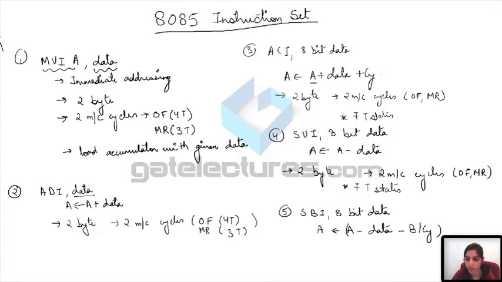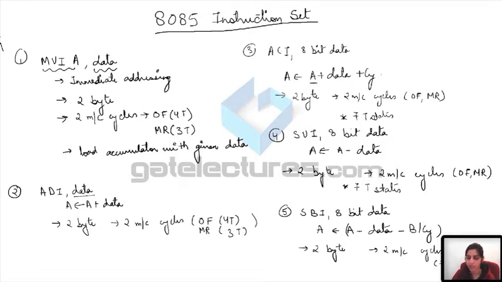If it is 1, then 1 is also subtracted, otherwise 0. So here the data is subtracted along with the borrow. This is also a 2-byte instruction having 2 machine cycles, and it takes 7 T states.